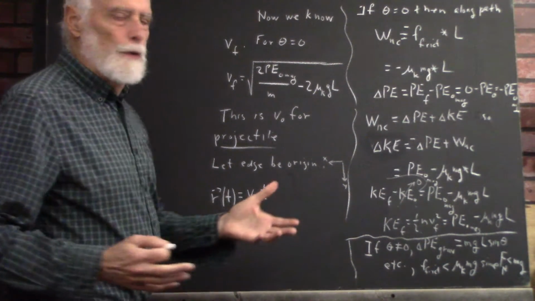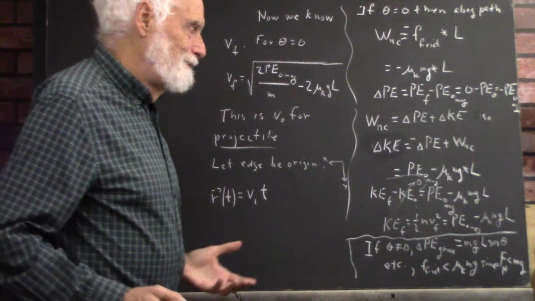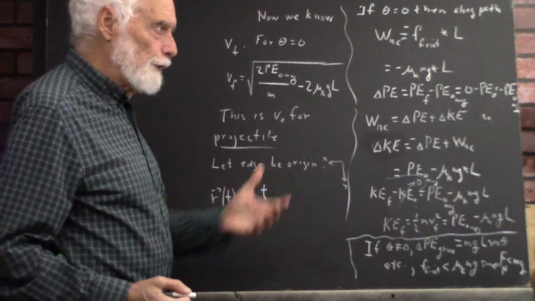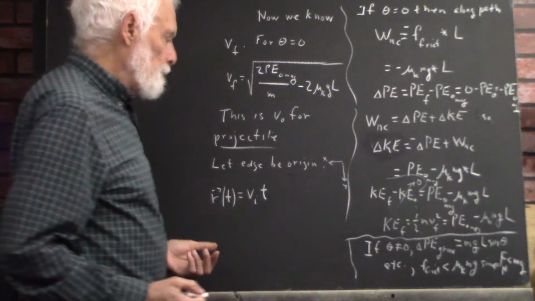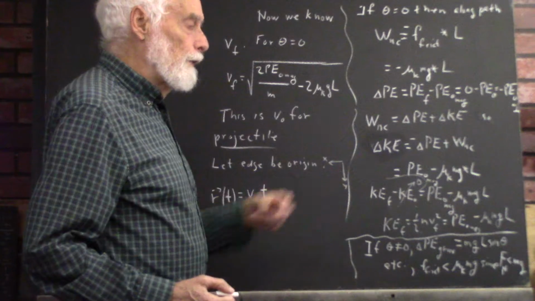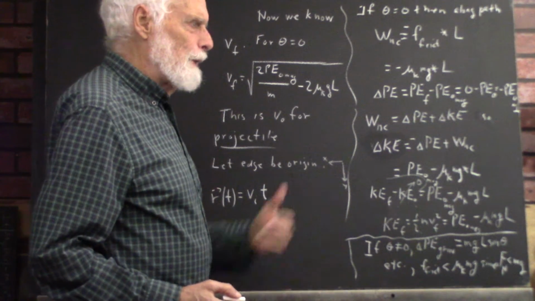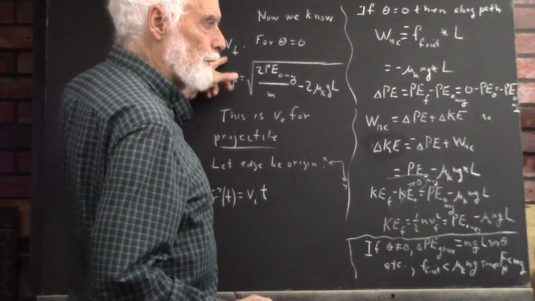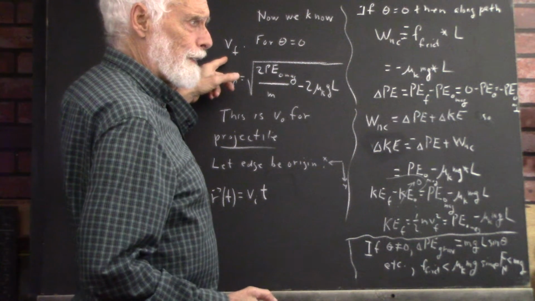I've run into another notational glitch, or something I have to revise in the notation, because I really want to have an initial velocity and a final velocity for my projectile. But I can't call the final velocity VF because I used VF up here. Okay?